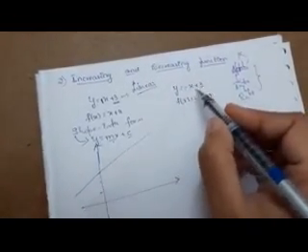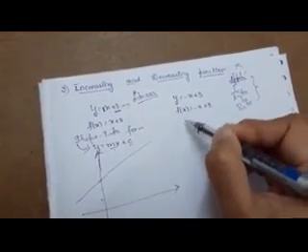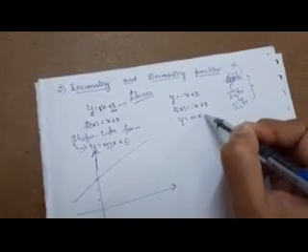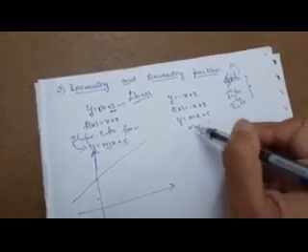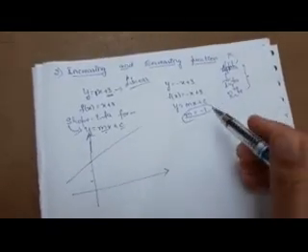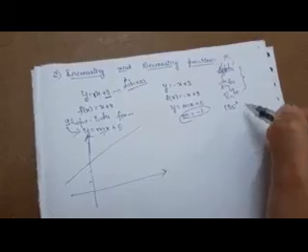Similarly, I am considering here y is equal to minus x plus 3. Again this is also a slope intercept form, that is y is equal to mx plus c, where here the slope is minus 1. When slope is minus 1, the straight line forms an angle of 135 degrees with respect to the x-axis.